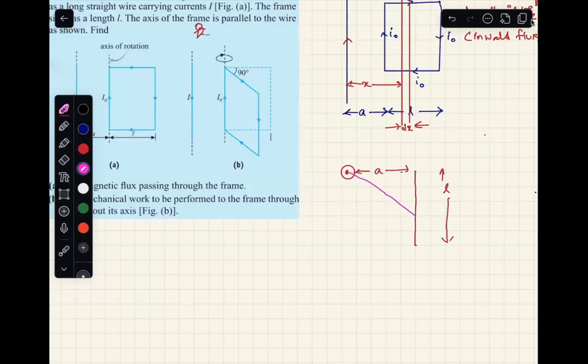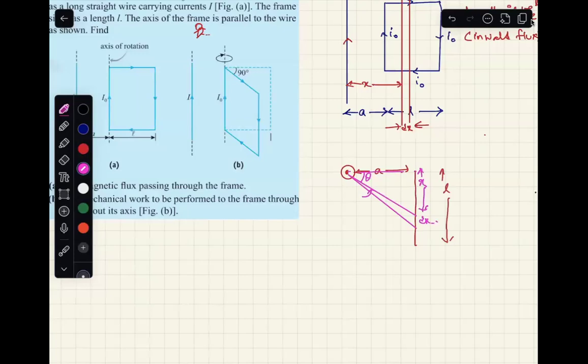Now you choose some element over here, and let this make an angle theta. I'll take this as x, this as dx. That is better. Correct or not?